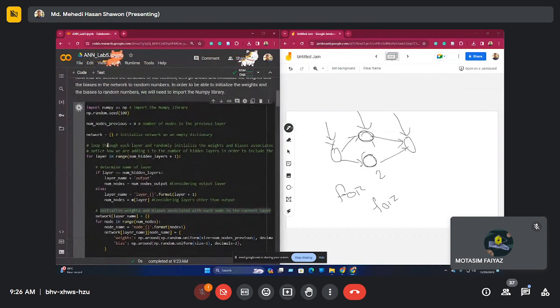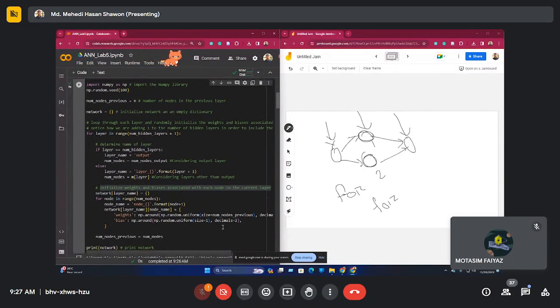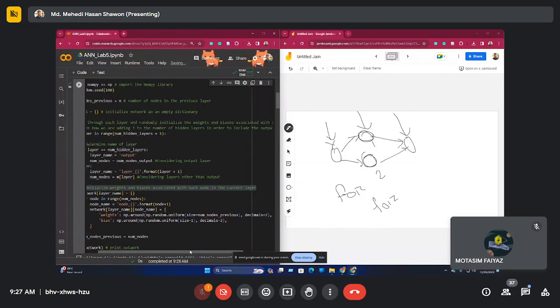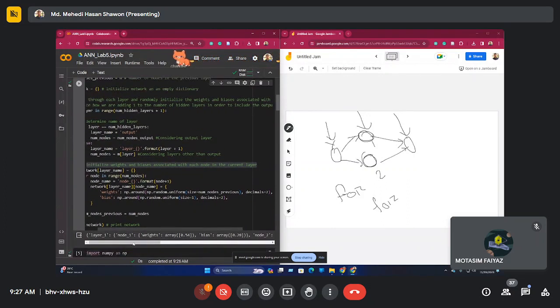If I just run this code, as you can see, we put some random values, and the weights are uniformly distributed random values. I run this code.